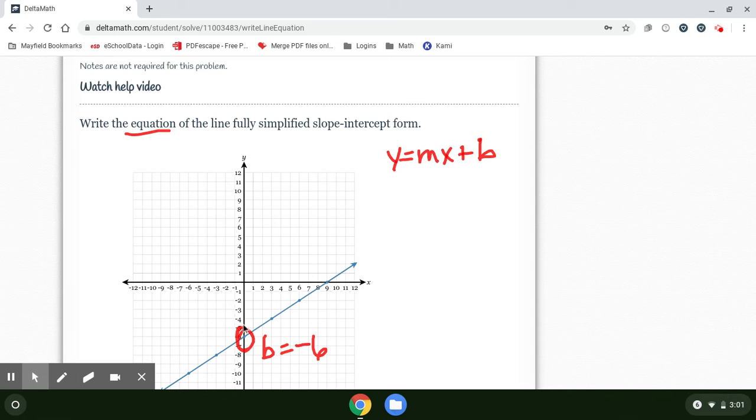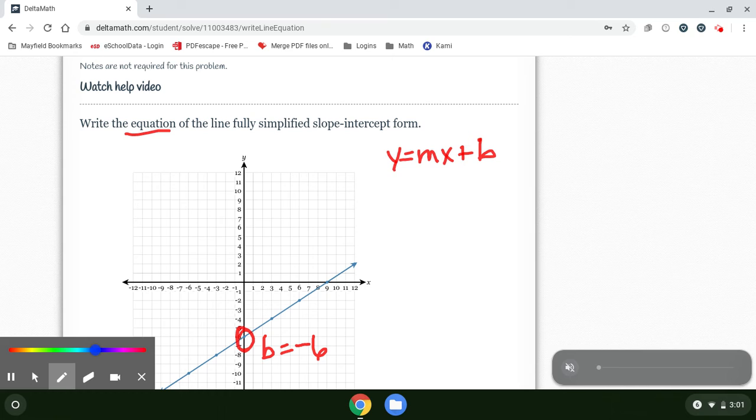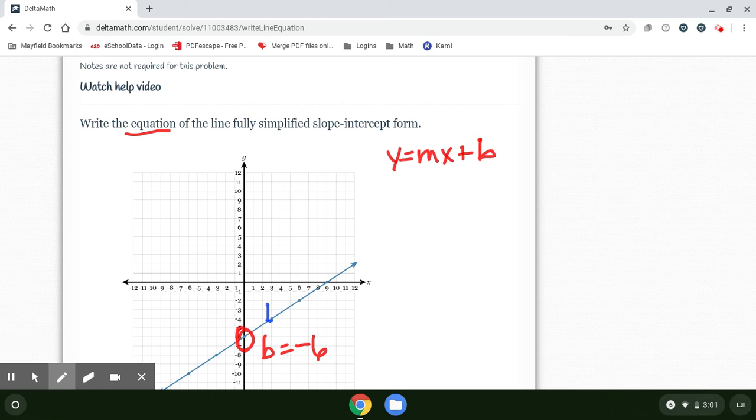if I go from one point to the other point, they actually have points labeled on here. And I can use any set of points that I want. I don't have to use the ones that were there. I can go up to these points. And you're going to notice here I'm going to go up 2 and right 3.